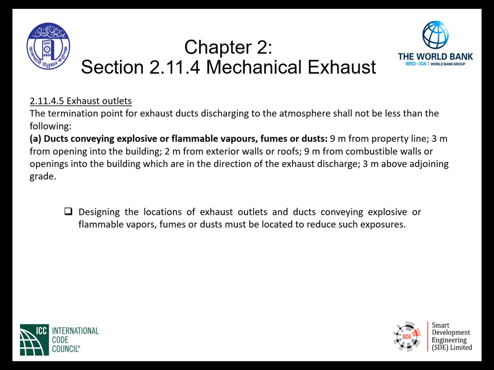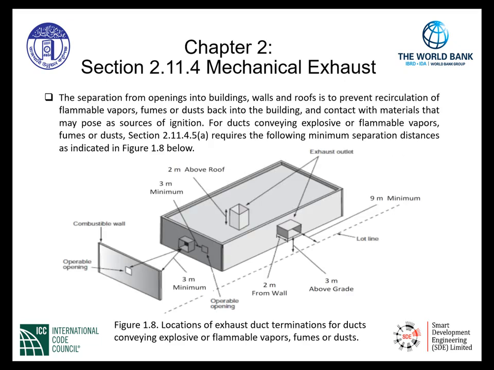When designing the locations of exhaust outlets, ducts conveying explosive or flammable vapors, fumes, or dust must be located to reduce the exposures indicated in this section. The separation from openings into buildings, walls, and roofs is to prevent recirculation of flammable vapors, fumes, or dust back into the building and contact with materials that may pose as sources of ignition.